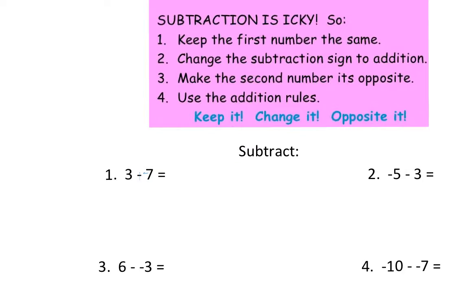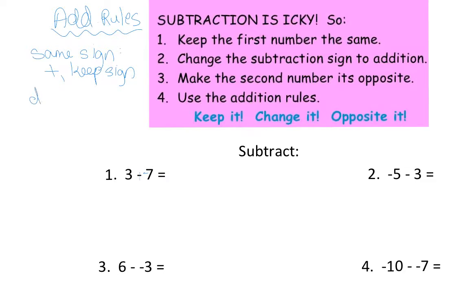Now we can apply the addition rules. Let's review them real quick. I'll put them up here. Addition rules. If two integers have the same sign, you add them and you keep the sign.